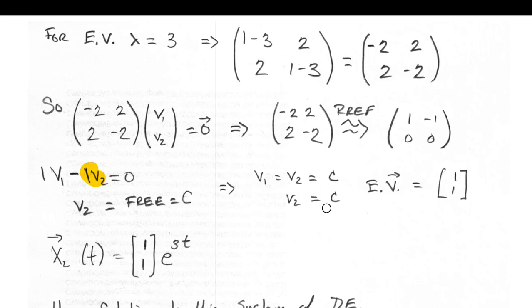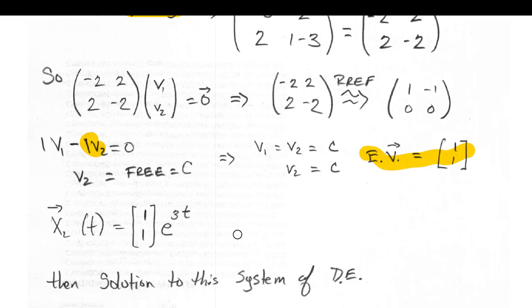Then I choose some value for c that makes the statement true. And c equals 1 is fine, so I get 1, 1. So for the eigenvalue lambda equals 3, I have the associated eigenvector 1, 1. And then I get x2 of t equals 1, 1, e to the 3t.